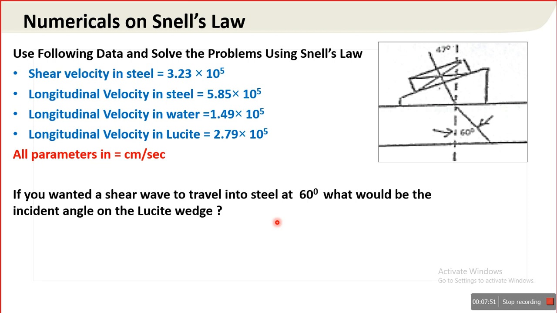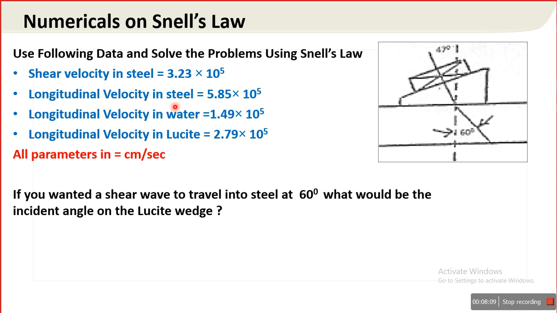So let us solve a few numericals on Snell's law. These are the given quantities. First one, shear velocity in steel is 3.23 into 10 raised to 5 centimeter per second.